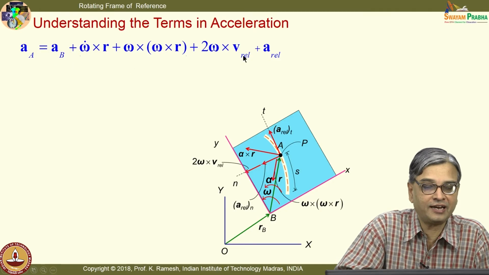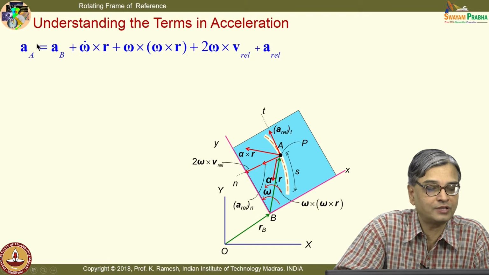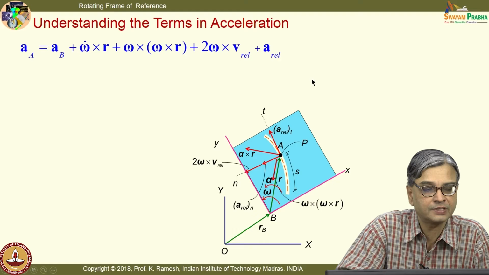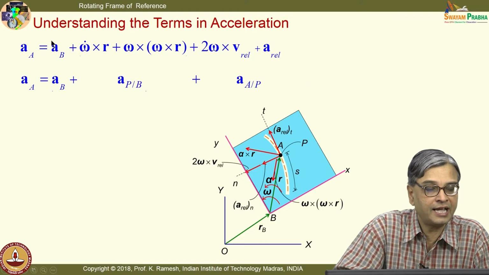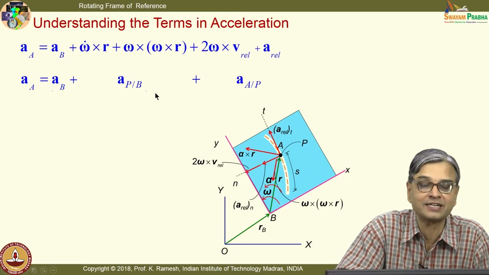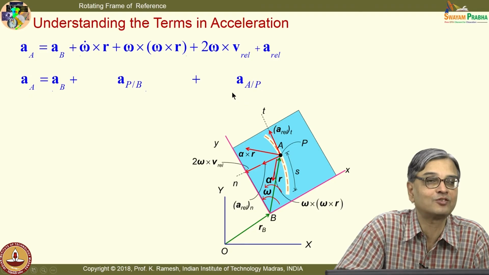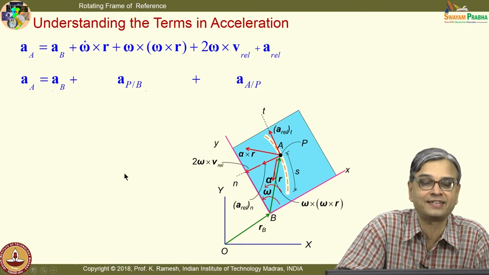So, let us look at the terms involved in this expression, and you should appreciate that this is the absolute acceleration of point A, and A_B is your coordinate acceleration. If you understand it that way, then when I change the symbols in my problem, you would be able to interpret this expression correctly, and you have to remember this expression, there is no other go. Some amount of memory is also required, and if you understand it, it is easy.